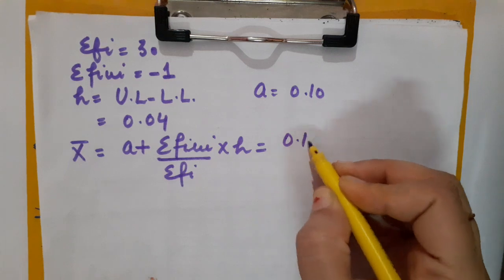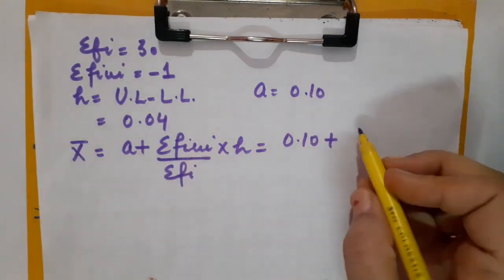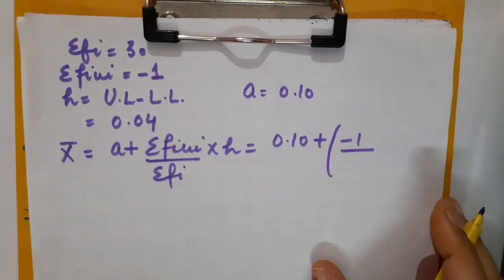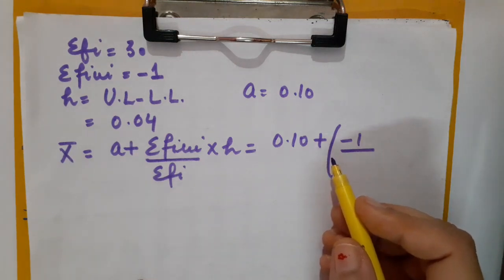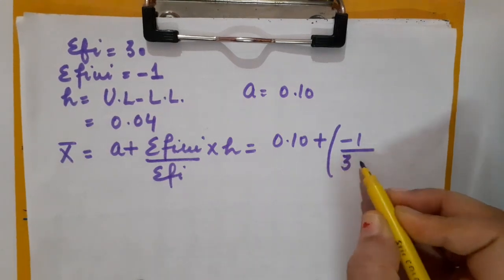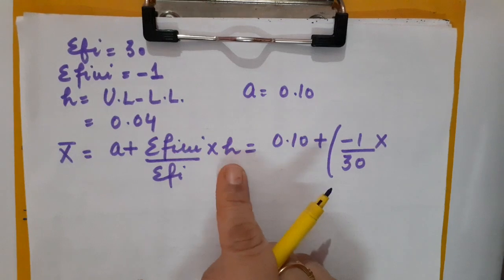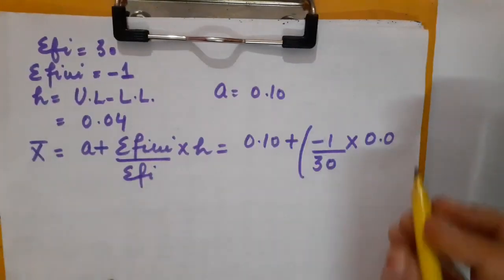So this is 0.10 plus sigma Fi Ui, that is minus 1, upon, as I told you, there were 30 localities whose concentration of SO2 in the air was going to be calculated. So sigma Fi is 30. Correct? Into H. H is what? 0.04.